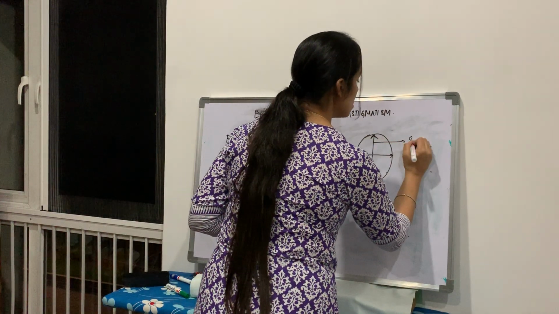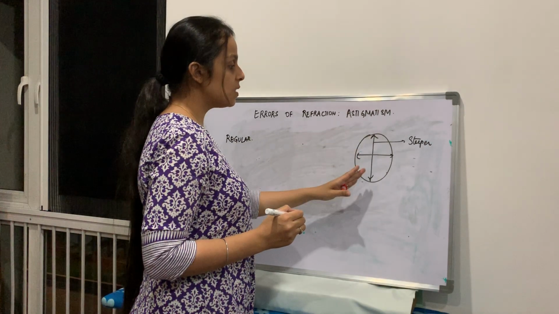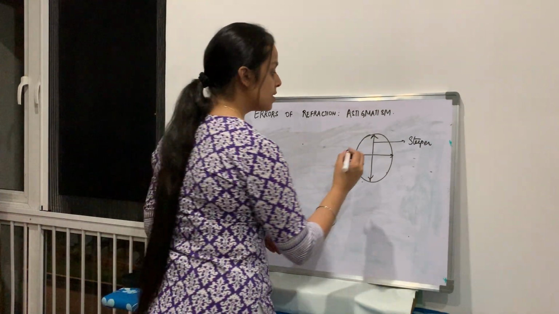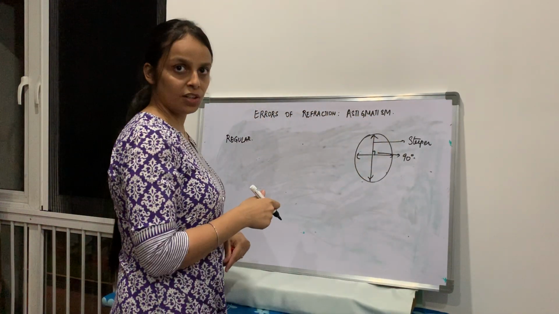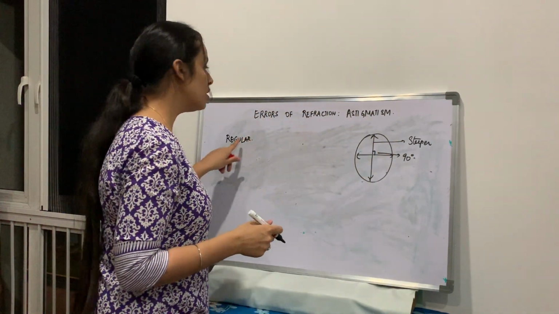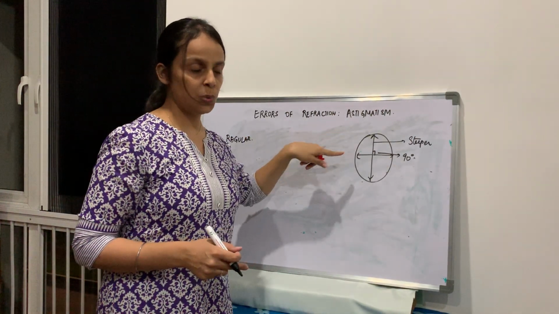The vertical and the horizontal meridian are perpendicular, so both these meridia are perpendicular to each other. That is why this is called regular astigmatism, where the two principal meridia are perpendicular to each other.